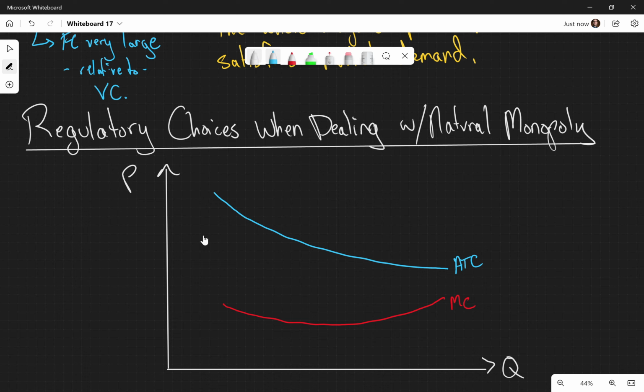And then in order to figure out both my pricing decisions and my actual optimal allocation decision, I'm going to need to include both my demand curve and my marginal revenue curve.